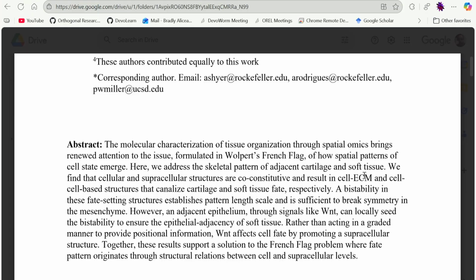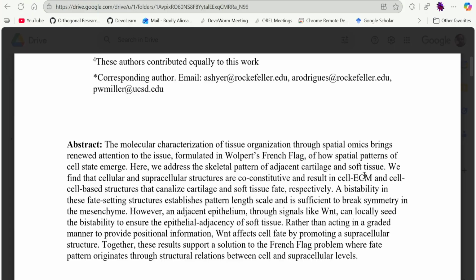So Wolpert's French flag problem was about how spatial patterns of cell state emerge. Here we address the skeletal pattern of adjacent cartilage and soft tissue. So this is actually in a complex tissue where they're looking at cartilage and soft tissue within a skeleton. We find that cellular and supracellular structures are co-constitutive and result in cell, extracellular matrix, and cell-cell-based structures that canalize cartilage and soft tissue fate, respectively.